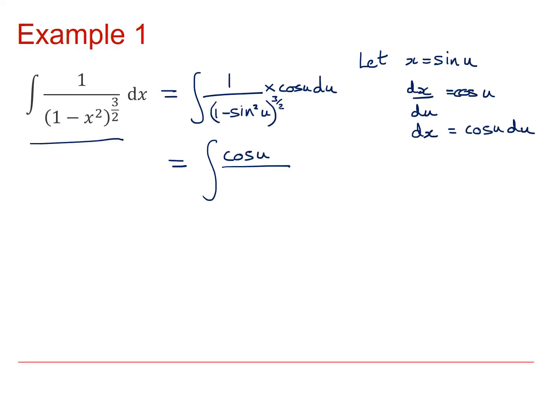This is a square root of that, so I get cos and then cubed, so I'm going to get cos cubed u on the bottom. This ends up as 1 over cos squared u, and of course 1 over cos squared is just sec squared.